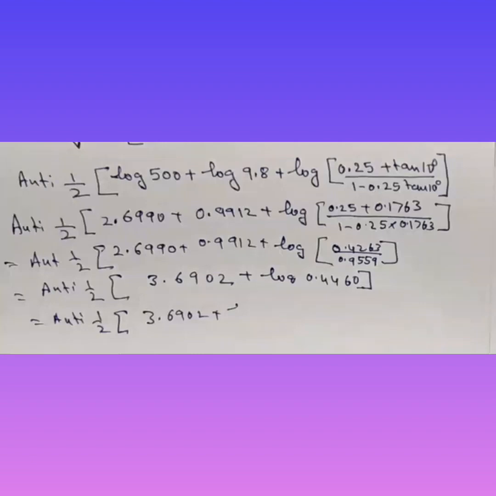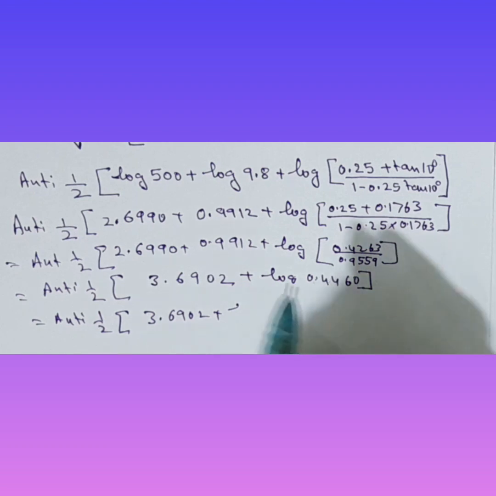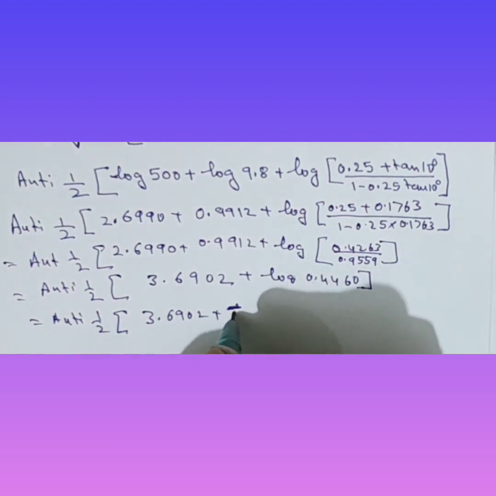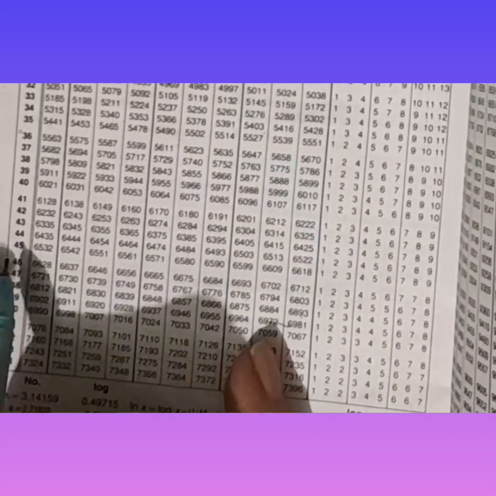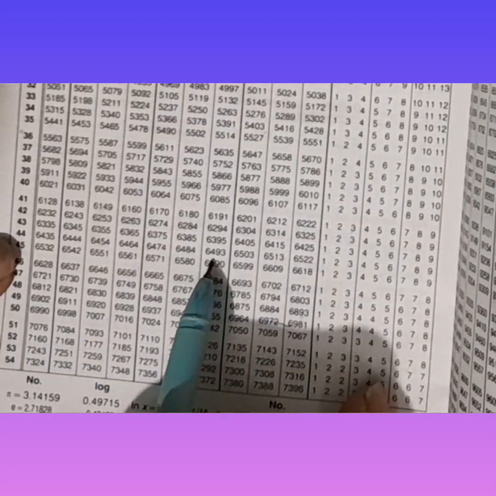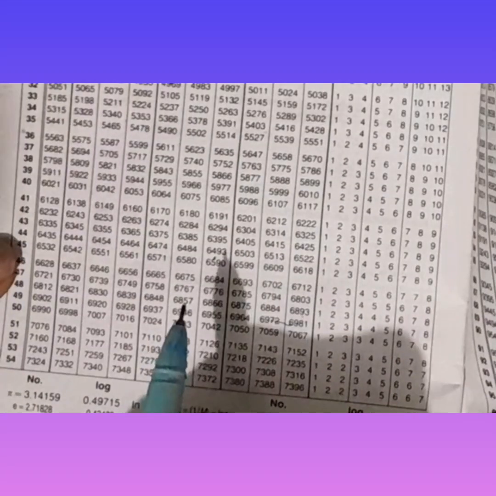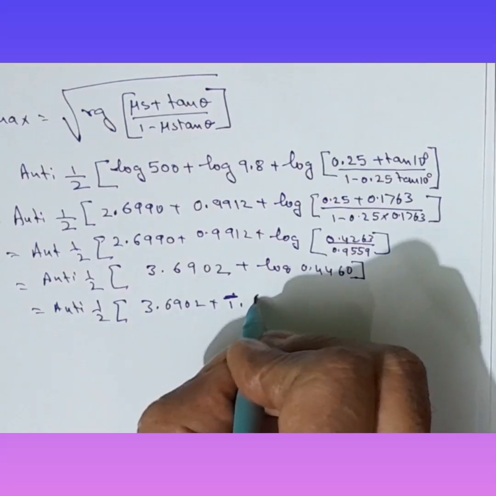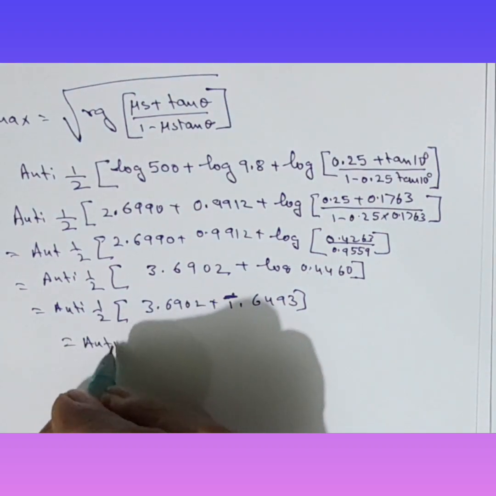Now it is 0 point, so we have got to shift it one digit, so it would be bar 1, since we are shifting it this side by one digit. 0.4460 we have got to see in log. 44 in 60, so 6493. It comes to 0.6493.